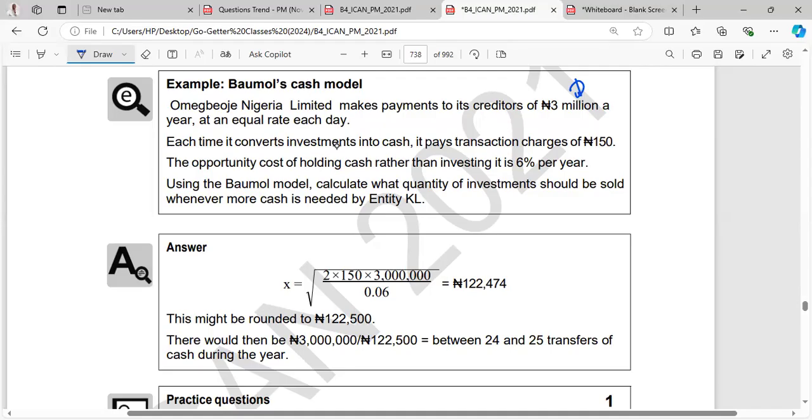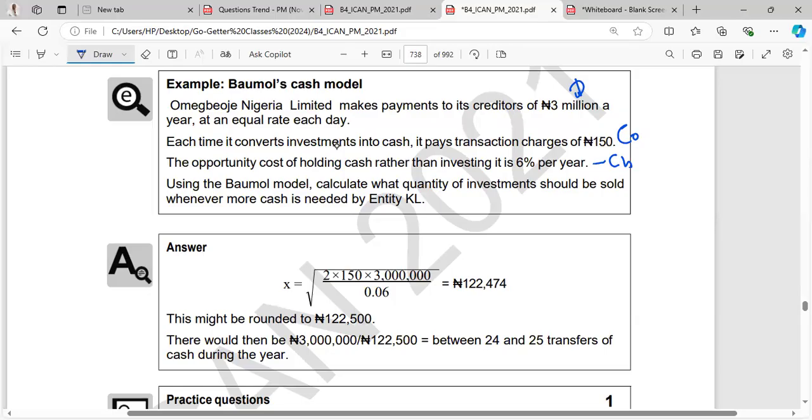Each time it converts investment into cash, it pays a transaction charge, which is the ordering cost. So this is your CO. Then the opportunity cost of holding cash is CH. Using the Baumol model, what is the quantity of investment that must be sold to raise cash?